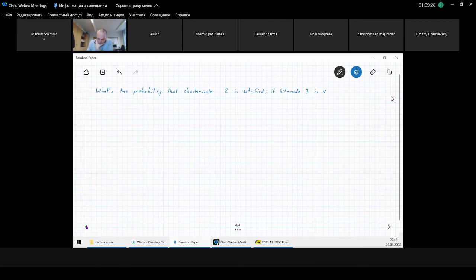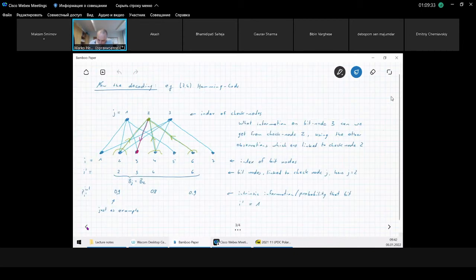So let me go back to show you this again. Okay, now just look again at this example. These 3 green guys are very likely to be a 1. So the sum up here will be probably a 1 here, plus 1 here, plus 1 here. Sum of 3 ones is a 1. So in order to get a 0 here at this check node, actually the red guy also needs to be a 1. And this is actually the probability that we are asking now.